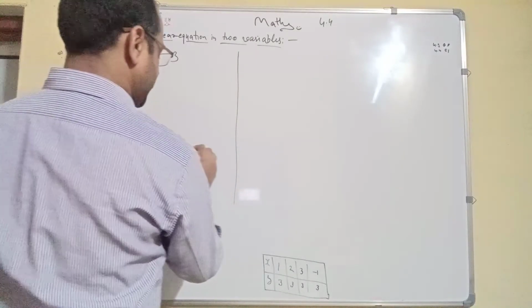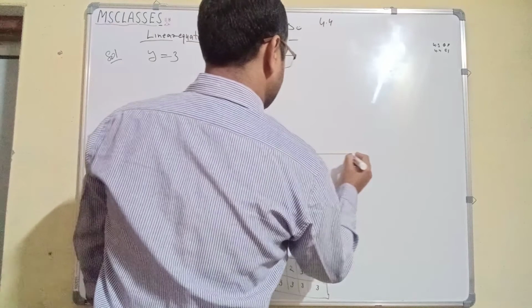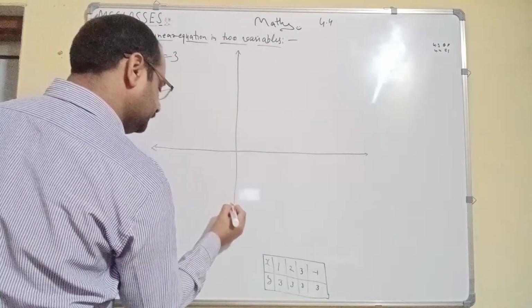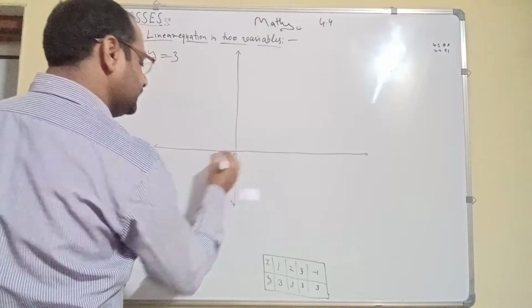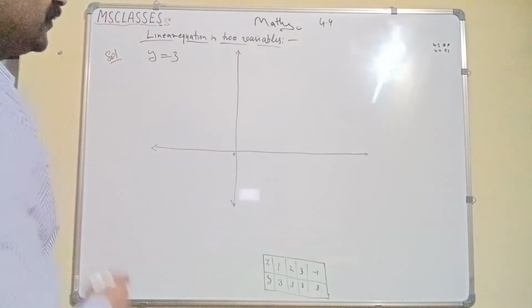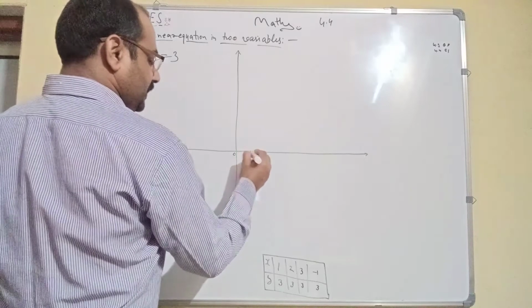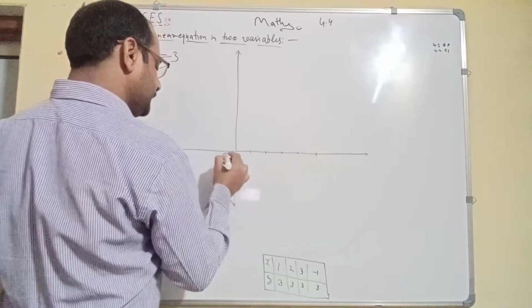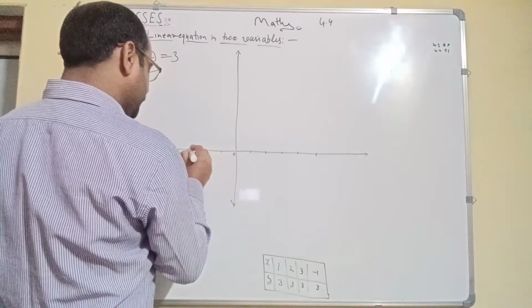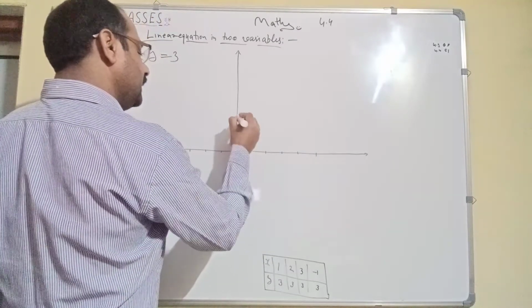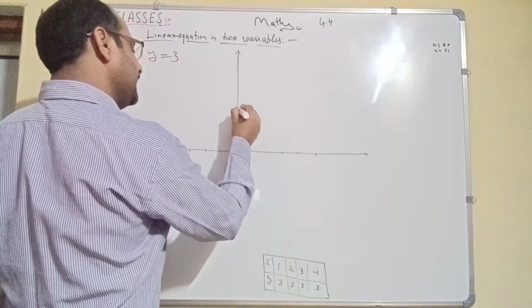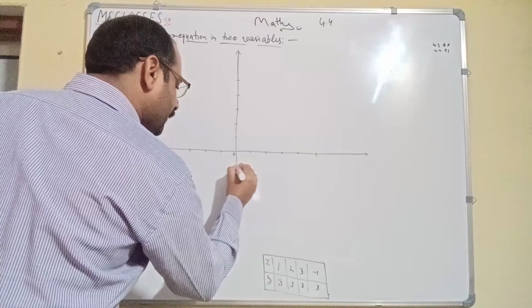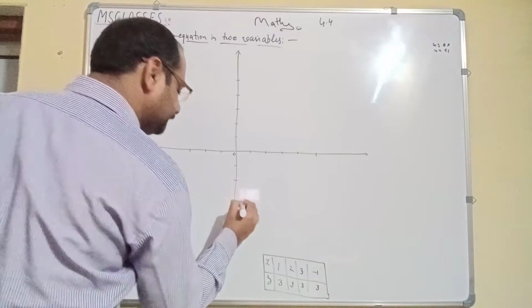This is a Cartesian plane: two mutually perpendicular lines intersect at 0, or O, which is the origin. Equal distance points on the x-axis as well as the y-axis. Guys, you know how to draw the graph.